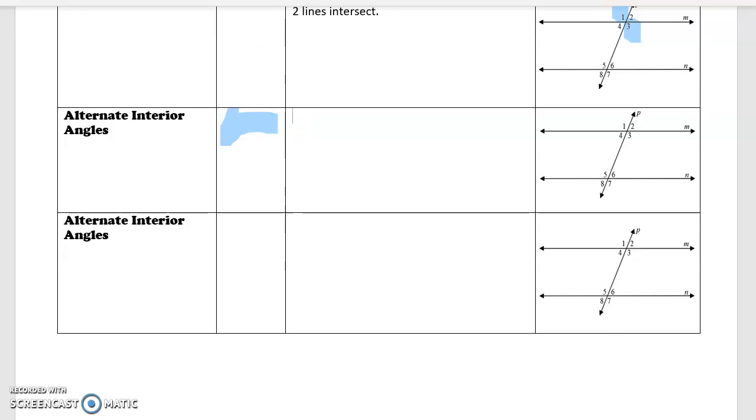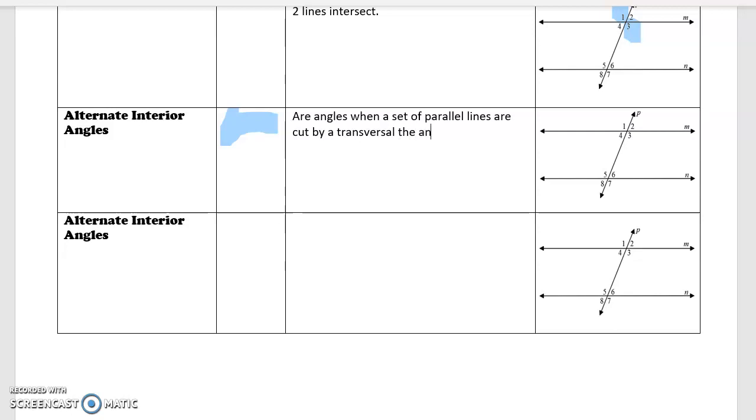Alternate interior angles are angles when a set of parallel lines are cut by a transversal.